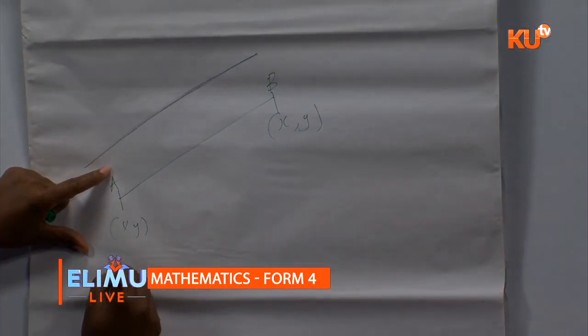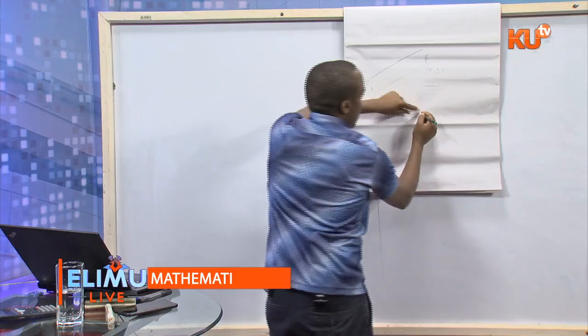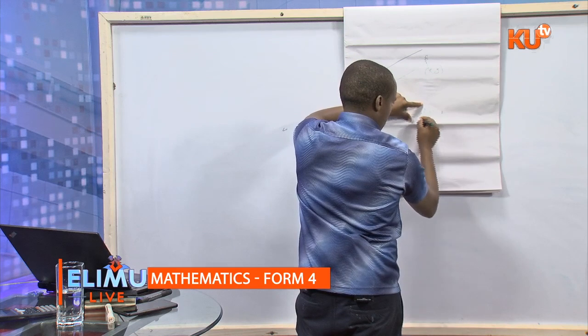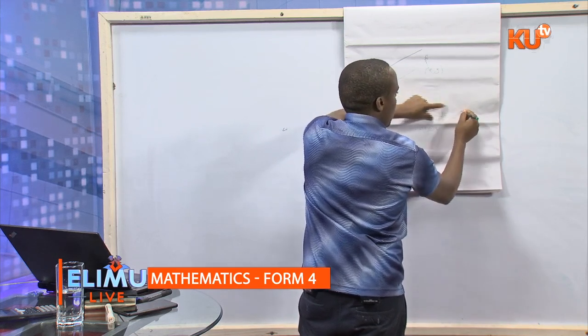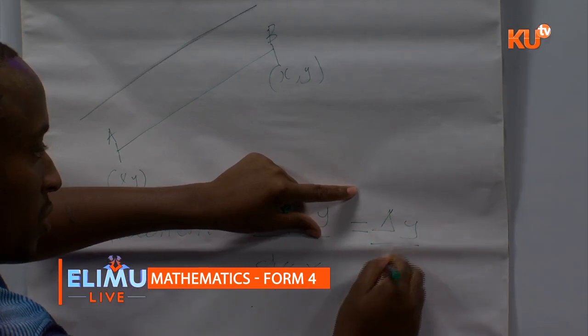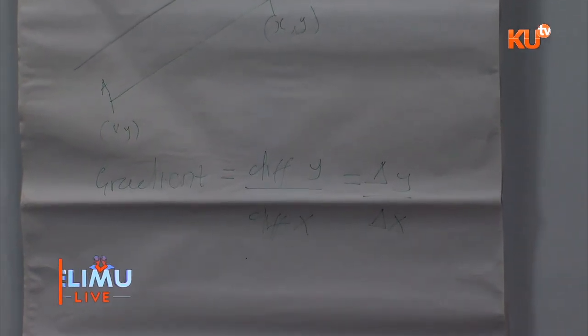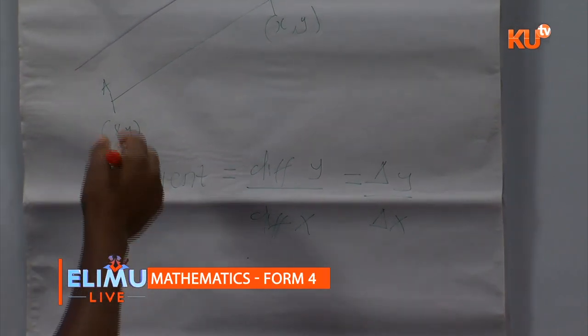So the gradient is given by the difference in y over the difference in x, which is also given by the change in y over the change in x.